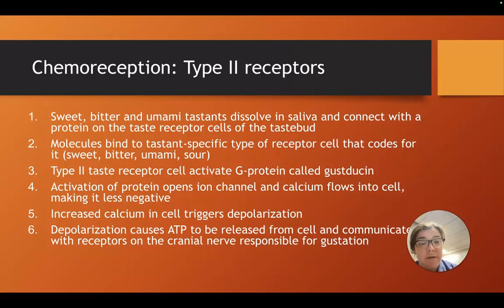These connections activate the G protein, but this one in particular is called gustducin. That triggering of the G protein opens up those ion channels, calcium flows into the cell, triggering depolarization. This depolarization actually causes ATP to be released from the cell and communicate with receptors on the cranial nerve responsible for our sense of taste, which then allows that signal to reach the brain.